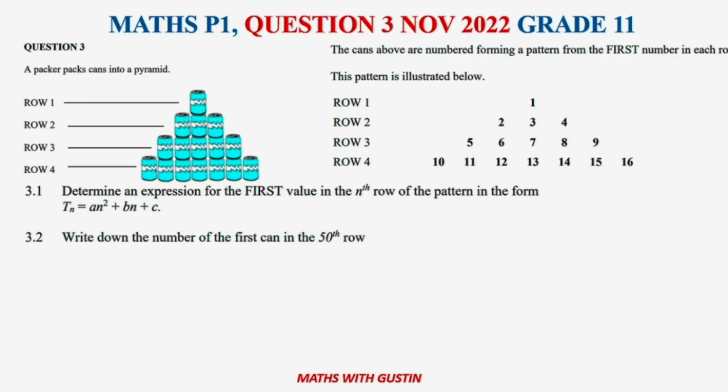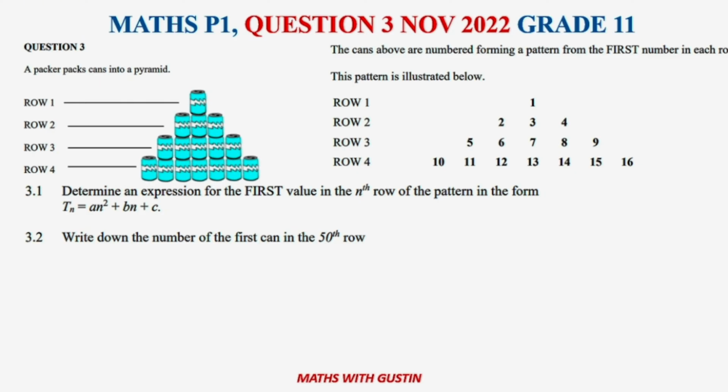The pattern is illustrated by a pack of cans making a pyramid. It says the cans above are numbered, forming a pattern from the first number in each row.